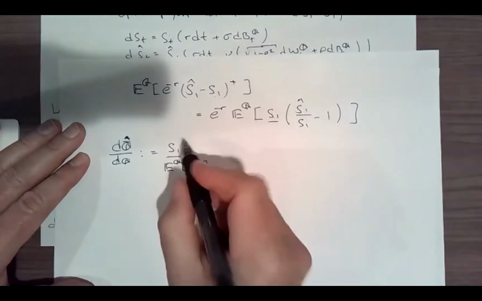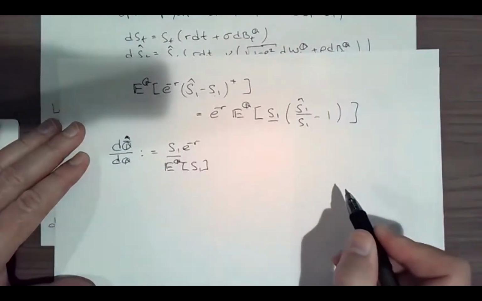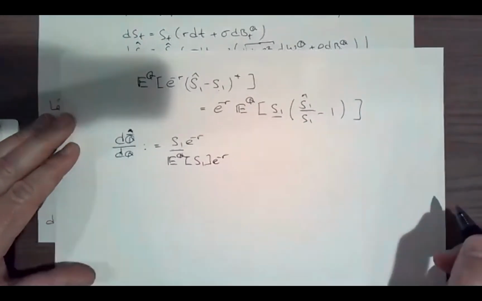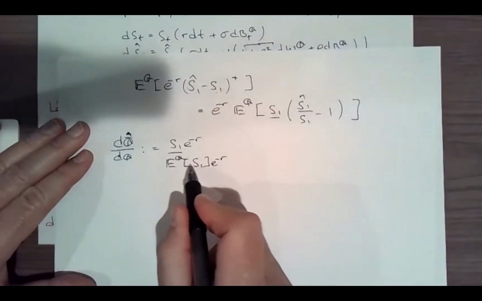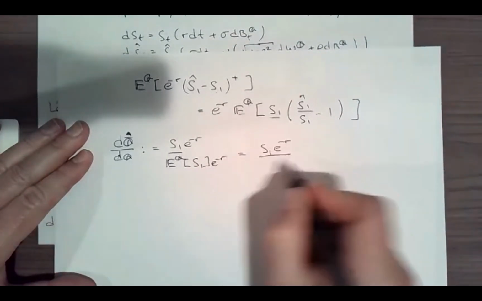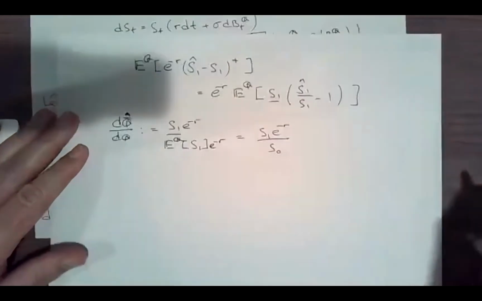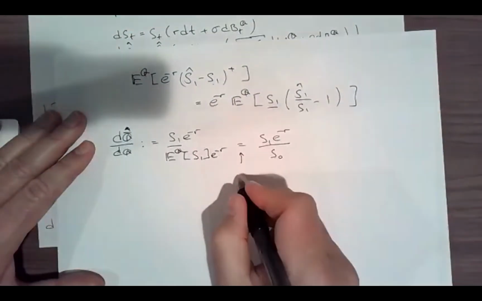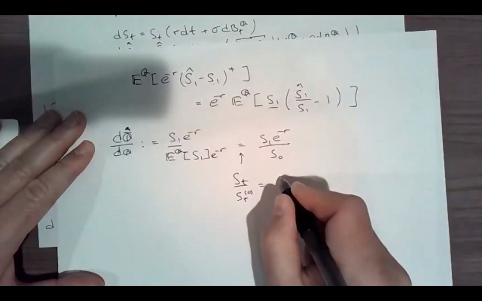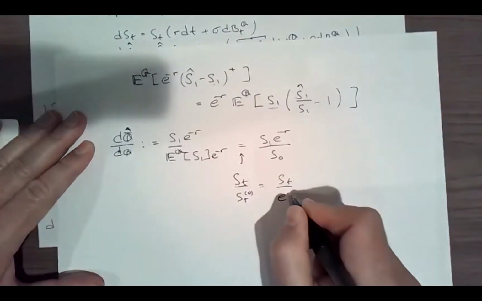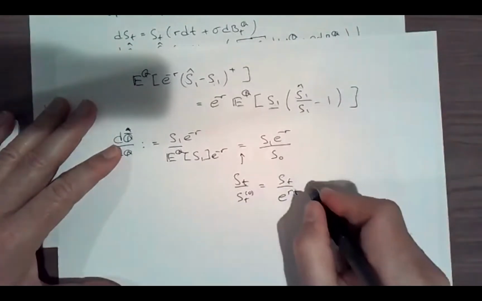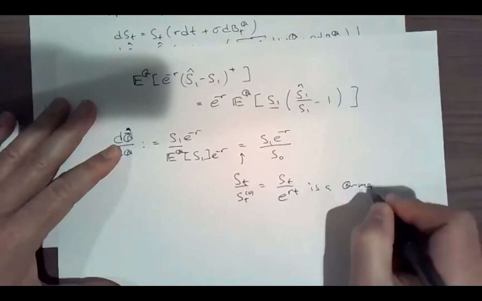So I could put a minus R here and then divide by the expectation. It's going to be easier because now the discounted stock price is a martingale. I'll get S1 e to the minus R divided by S0. This is because St divided by St0, which is St divided by e to the Rt, is a Q martingale.